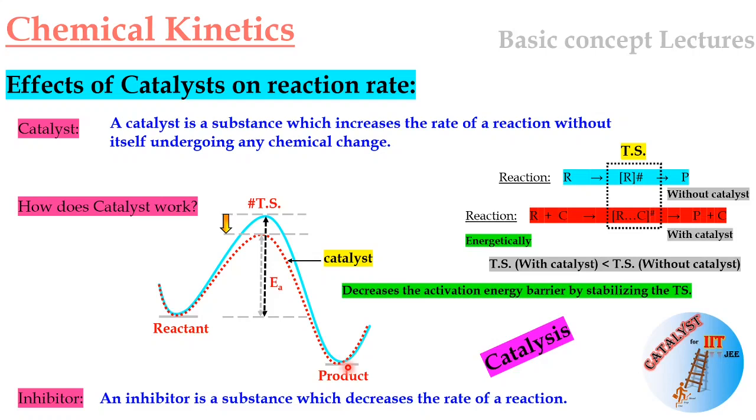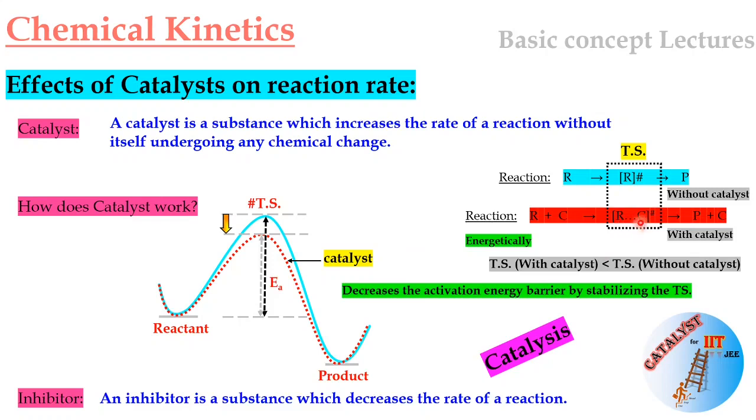To understand more clearly how this occurs, let us consider this reaction where R is your reactant, P is your product, and it goes via a transition state. This is without a catalyst. Now in the presence of a catalyst, this transition state is stabilized by complexation with the catalyst.